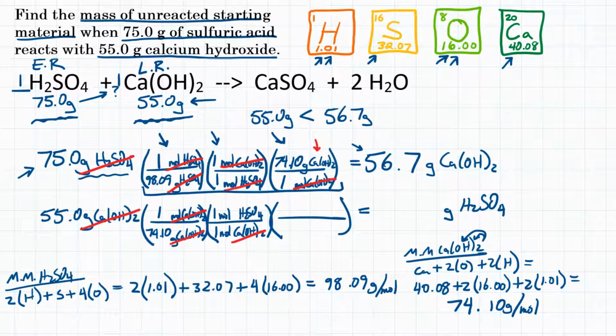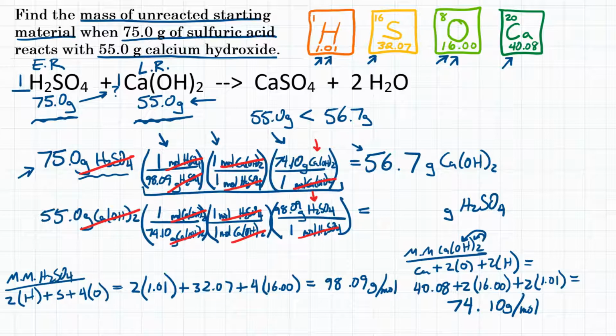So we have moles of H2SO4 on the bottom and grams of H2SO4 on top, where 1 mole is equal to 98.09 grams. And our units of moles of H2SO4 cancel, leaving us with exactly what we want, grams of H2SO4.